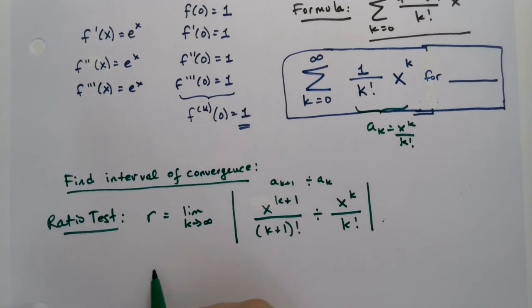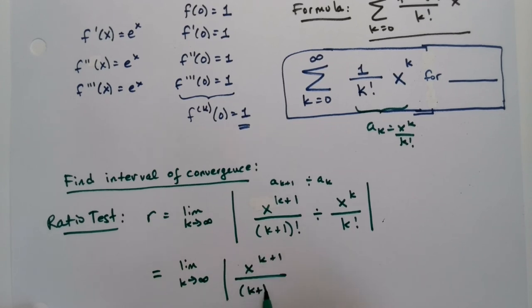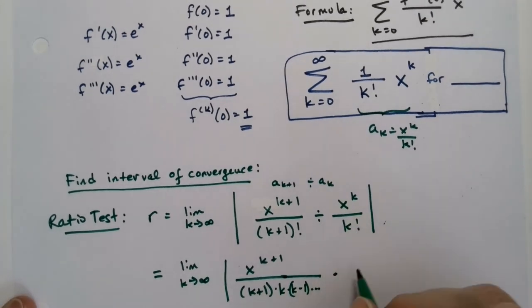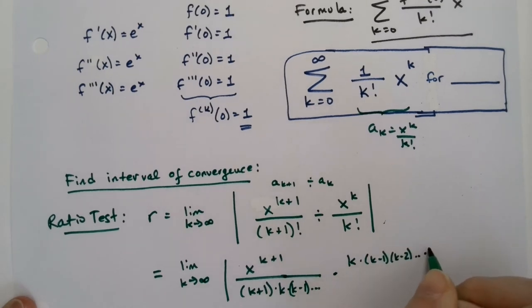Okay, so that would be the limit as k goes to infinity of x to the k plus 1 over k plus 1 times k times k minus 1, dot, dot, dot. Just reminding everybody how this works, since k factorial is k times k minus 1, k minus 2, etc., over x to the k.